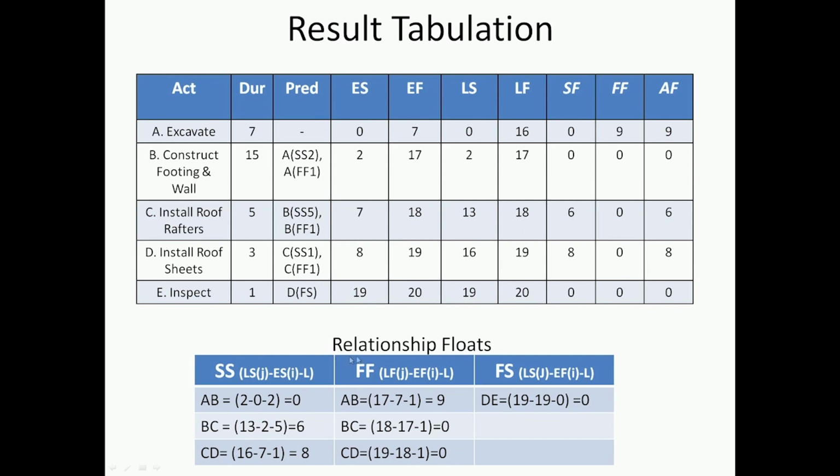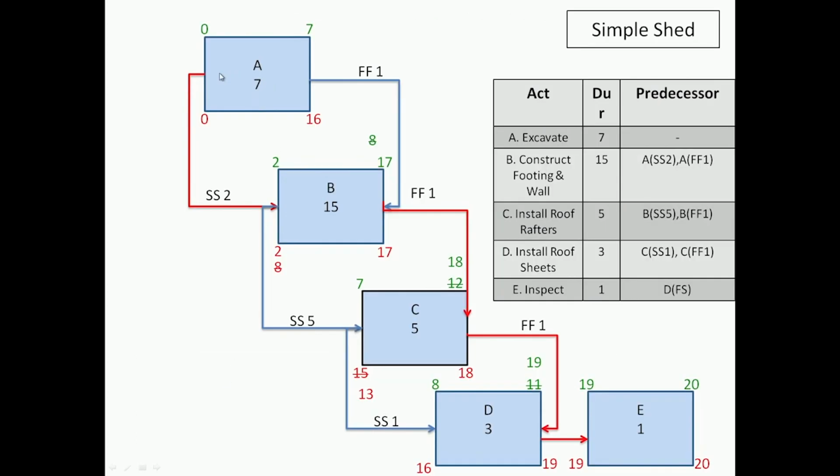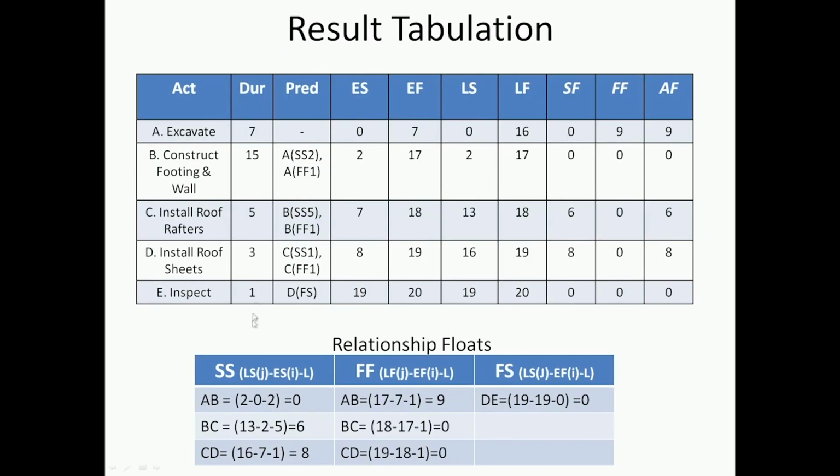Now in the second table here we have the relationship floats. So if I can go back and forth, for example, the AB relationship here, we have a start AB relationship.